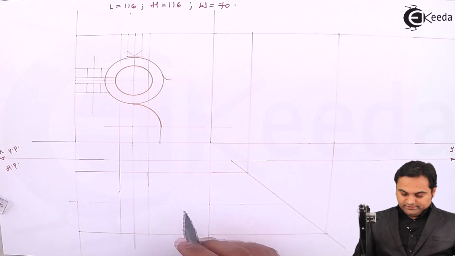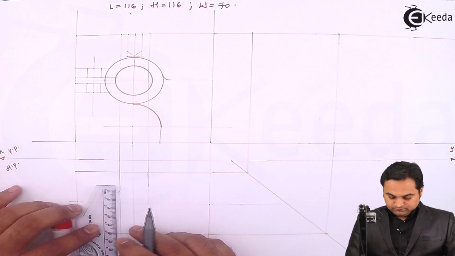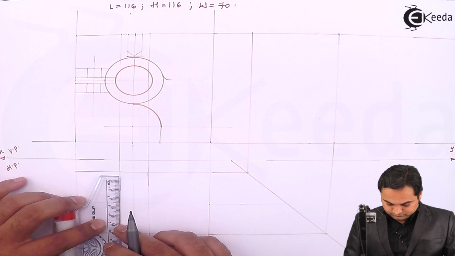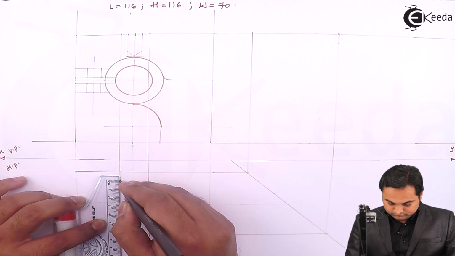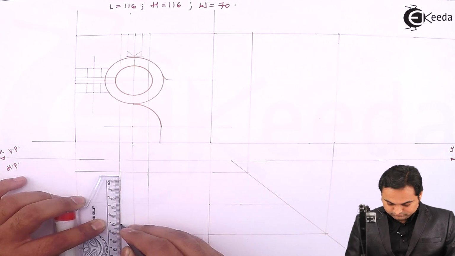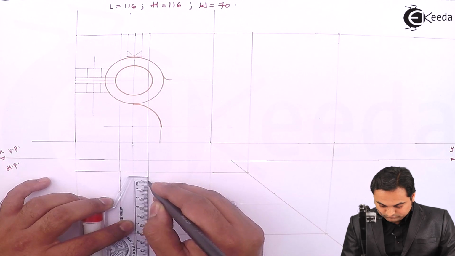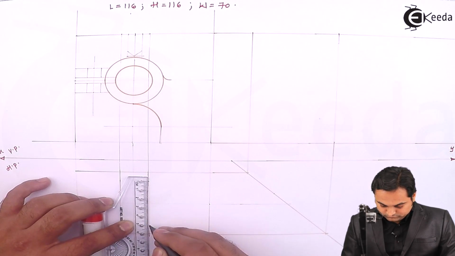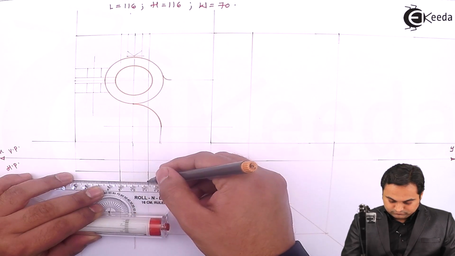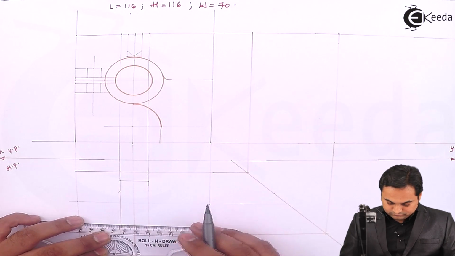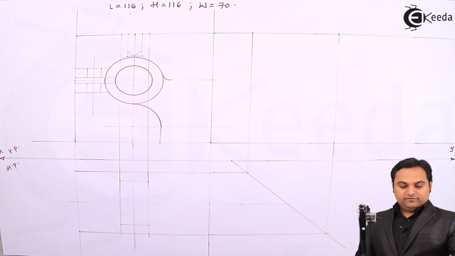Now from this center line I'll measure 25 mm on one side, 25 on the other side. So this is the rectangle visible from top.